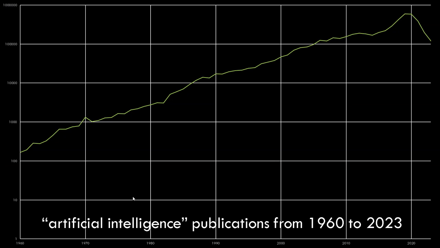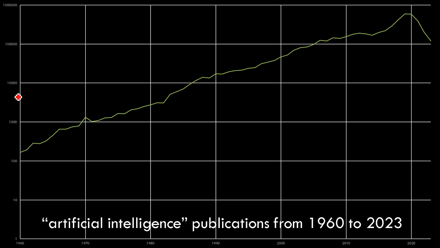So let us first look at some of the charts. This shows all the papers and publications mentioning the keyword artificial intelligence from 1960 to 2023. As you can see, the vertical axis is logarithmic.